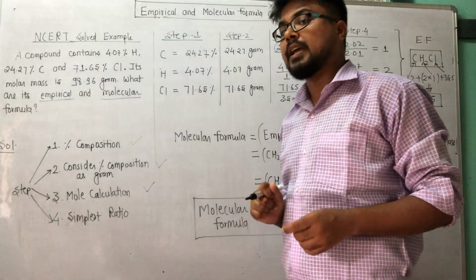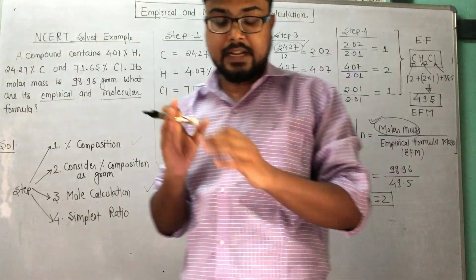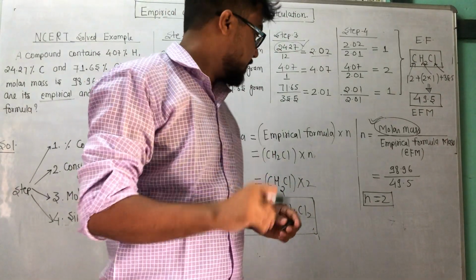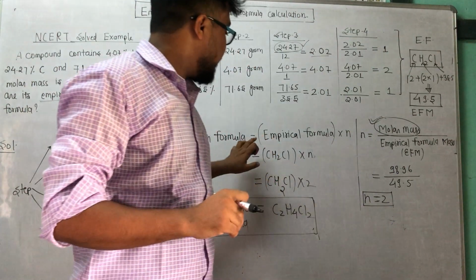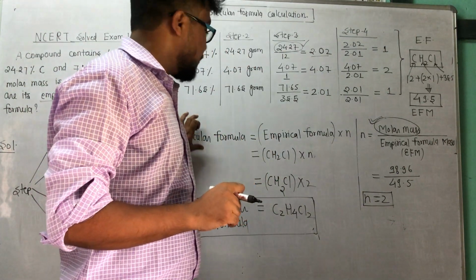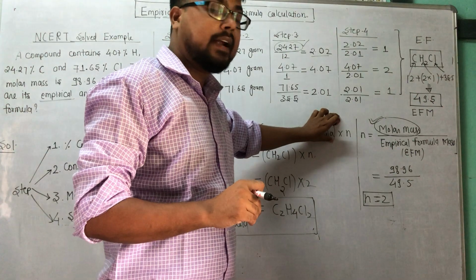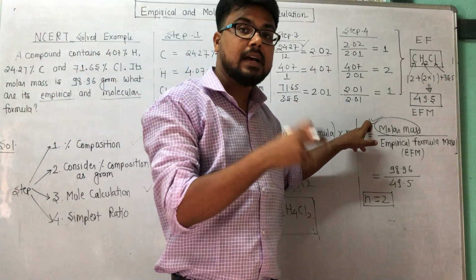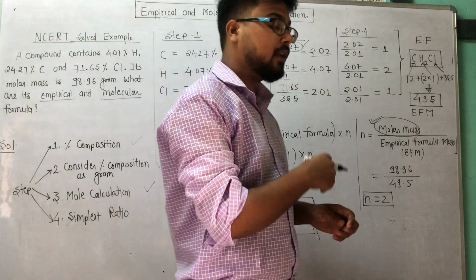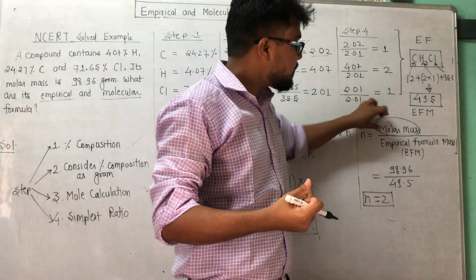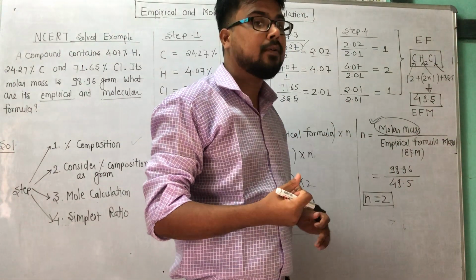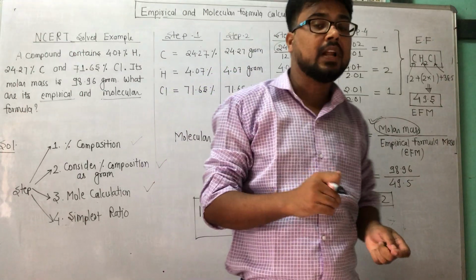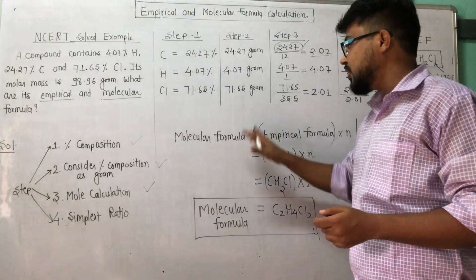Having calculated the empirical formula, I go for the empirical formula mass, and by the empirical formula I can calculate the molecular formula by multiplying by the factor N. N is nothing but the molar mass, which is already provided by the examiner in your solved example, or in your question, or in your numerical, and this molar mass is further divided by the empirical formula mass, so that the value of N will be some whole number, 1, 2, 3, 4, and by multiplying this you will get the molecular formula.